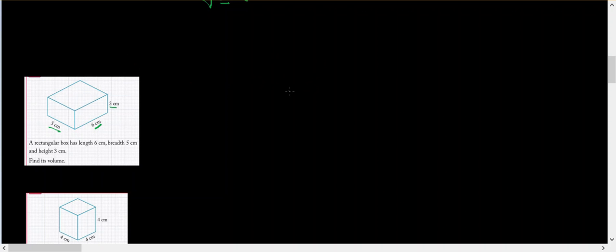If we remember, volume is equal to length by breadth by height. So volume is 6 multiplied by 5 multiplied by 3. Let's use a calculator.